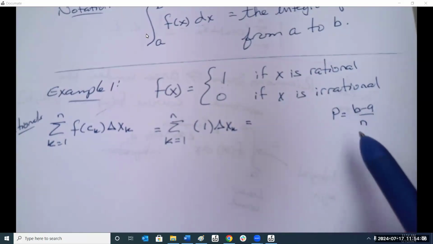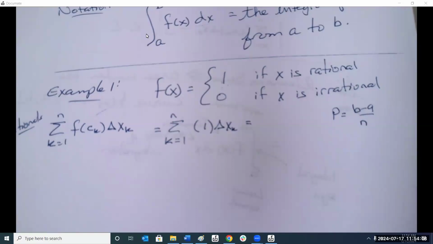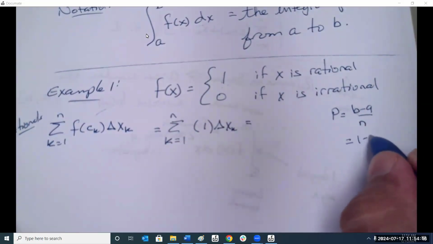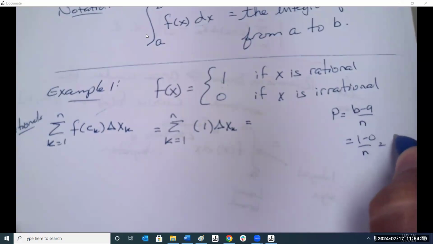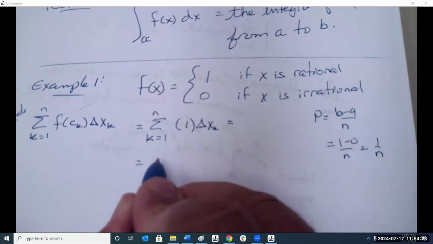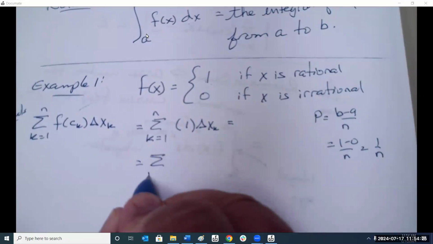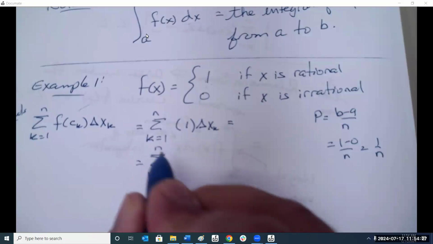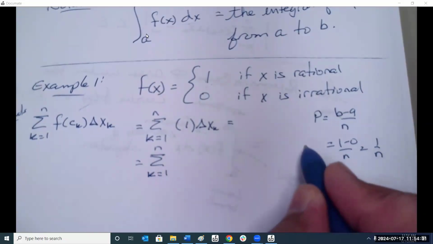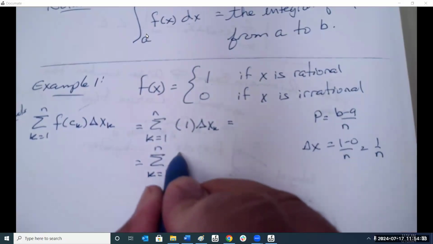The partitions is how many intervals you're going to have, and then each one of them will have a delta x width. But since we have from 0 to 1, it's always going to be 1 over n. So we have summation from k equals 1 to n of delta x, which is 1 over n.